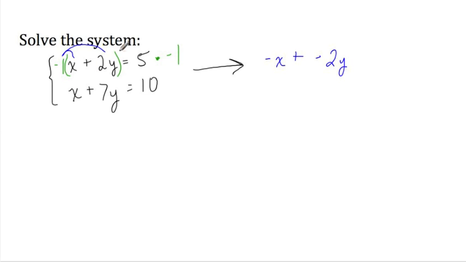So we've taken care of the left-hand expression. Now we have to multiply the right-hand expression by -1 as well. So this is going to be 5 times -1, which is -5. In this case, I don't have to do anything with this second equation. I can leave that just as it is, so it's going to come straight across: x plus 7y equals 10.